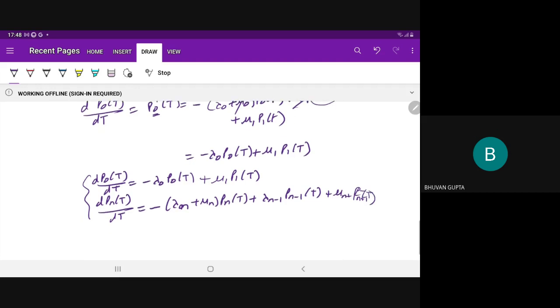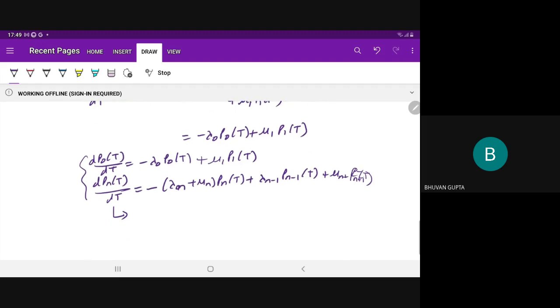Now from here, because this is a system of equations, you must require the initial condition. So what can we assume initially in any system at the time t is equal to 0? Condition may be any, but ideally, what is the condition at the time t is equal to 0? There is no customer.